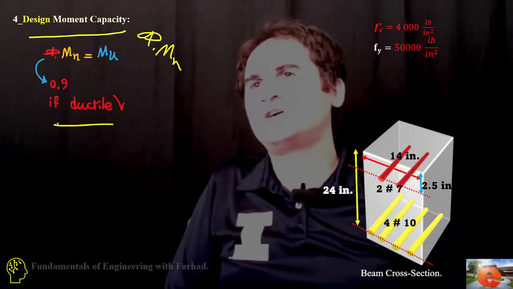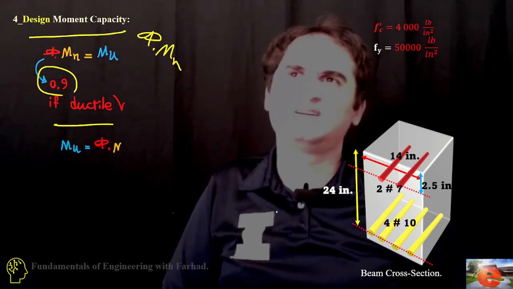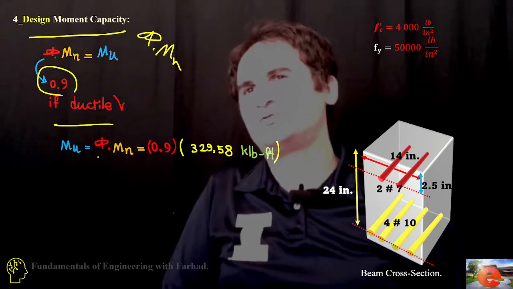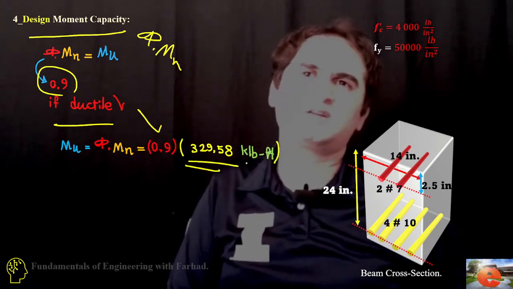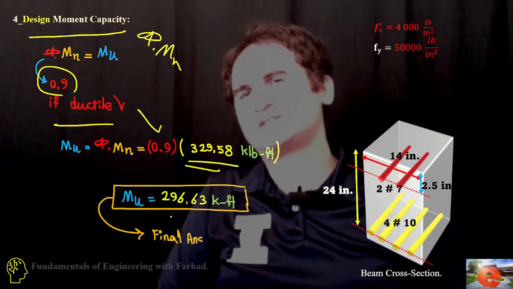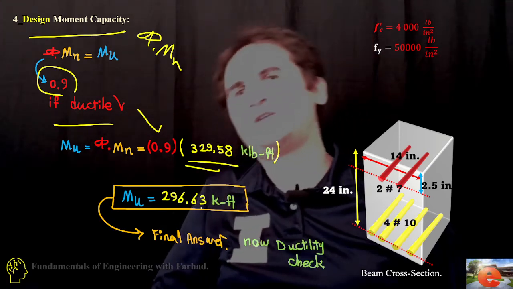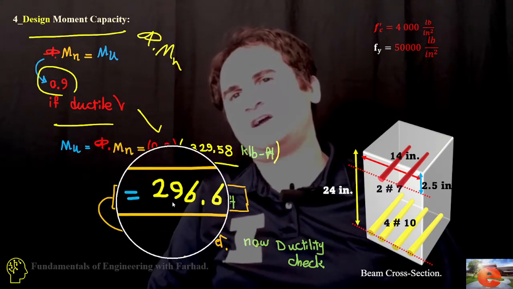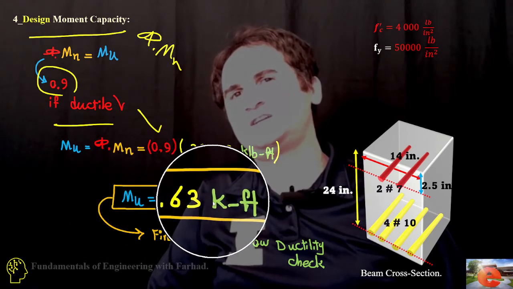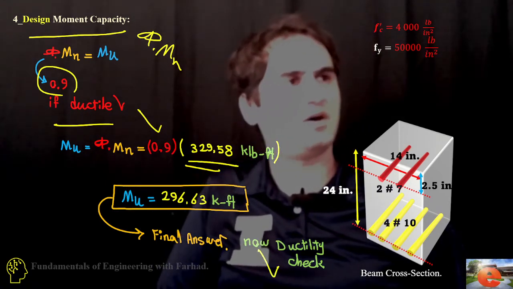If it's ductile, we are allowed to use 0.9 for a flexural member, and Mu is equal to 0.9 times this amount in kip-feet. It gives us the design moment Mu of 296.63 kip-feet.